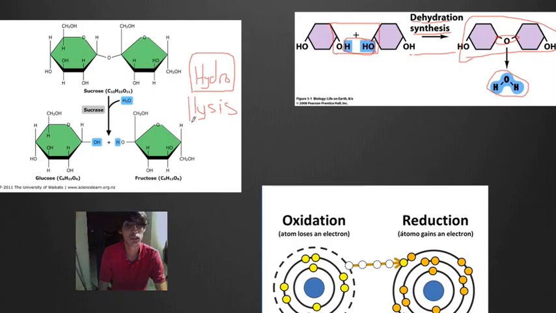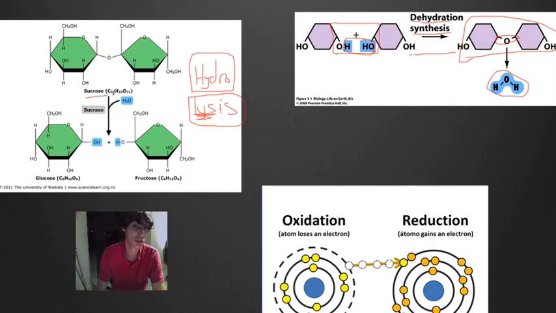When we see a word that has lysis in its name, you know it's talking about cutting something or taking it apart. An example can be lysosomes. You have the same root, so you know their job is to cut or break apart. And in this case, we have glucose and fructose.